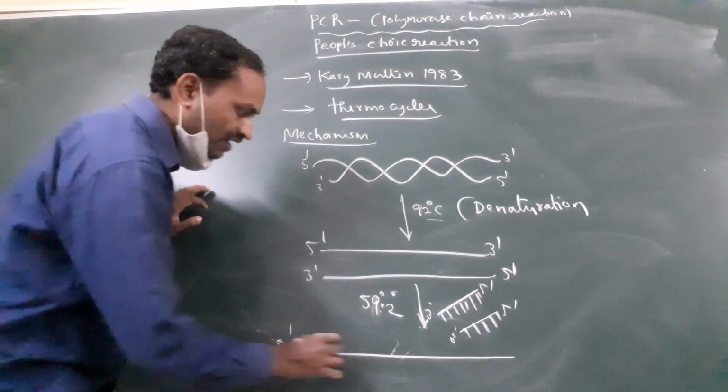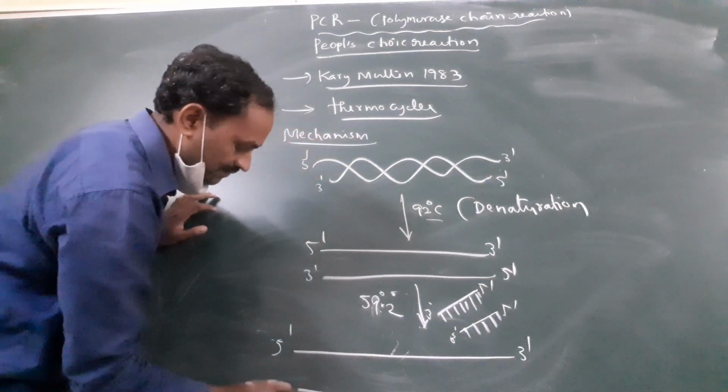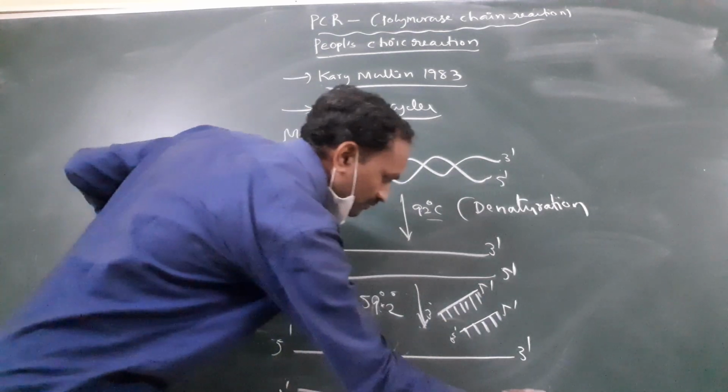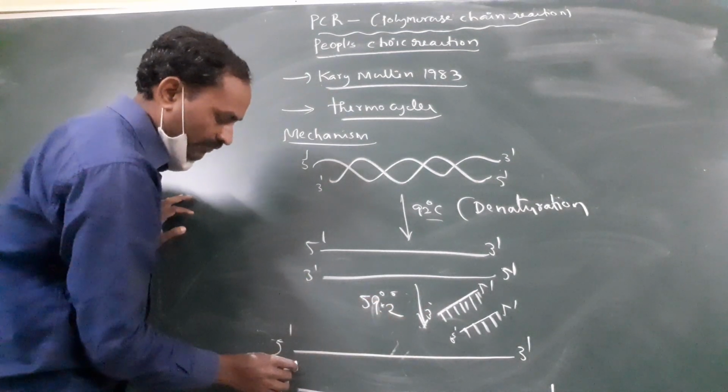Suppose this is a 5' to 3' strand, and here one more strand, a 3' to 5' strand. Now this primer will come and bind here.